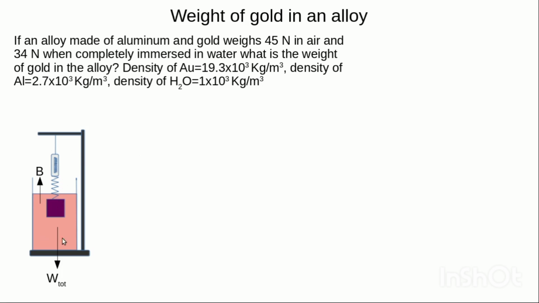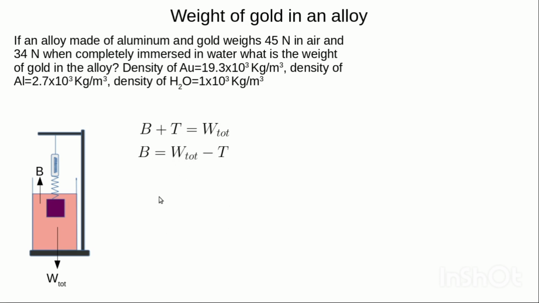So the equation for that system is B plus T, because the tension in this string is equal to the tension in this spring. So we have our buoyant force plus the tension equal to the total weight of the system. We can simplify by making B the subject of the formula: B equals the total weight minus the tension.